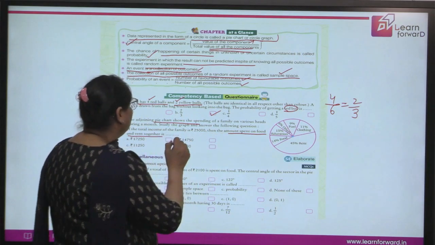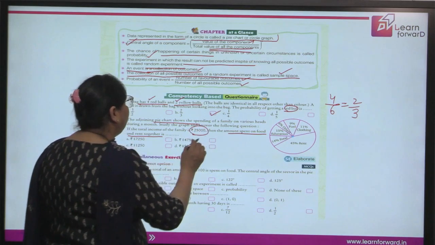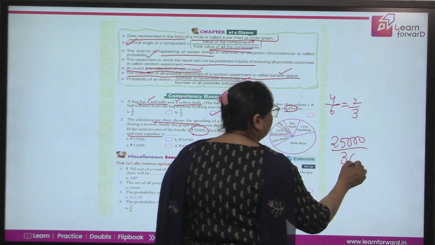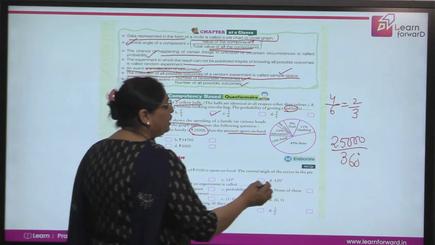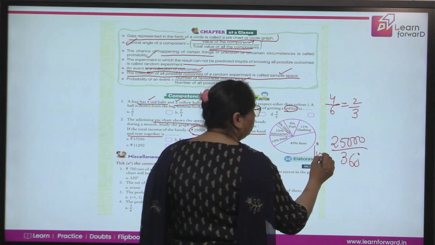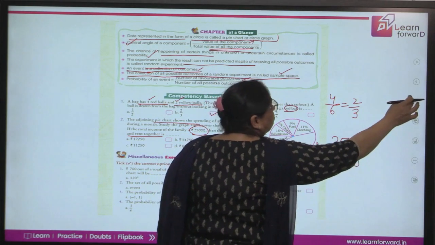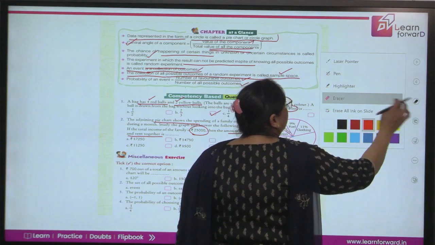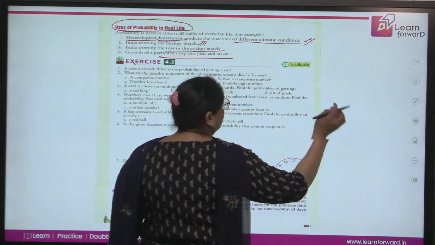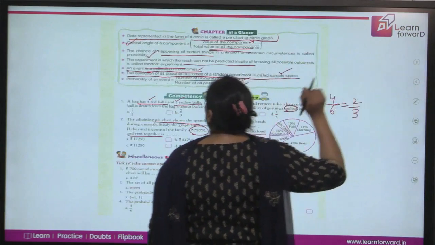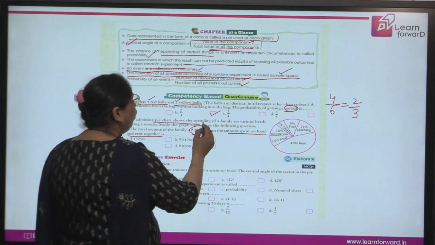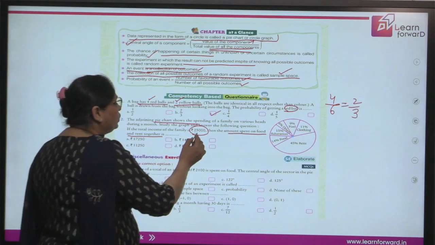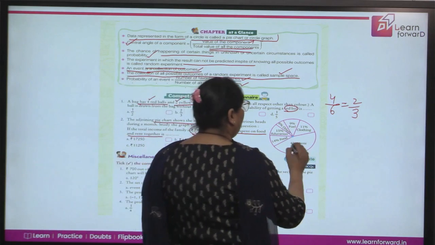Since the total amount is 25,000, we will divide 25,000 by 360 and we will get the 1 degree value. 25,000 is the total amount and the total degree is 360.